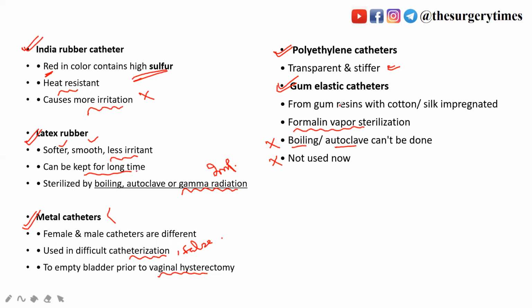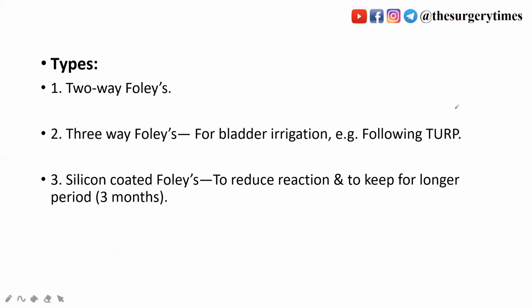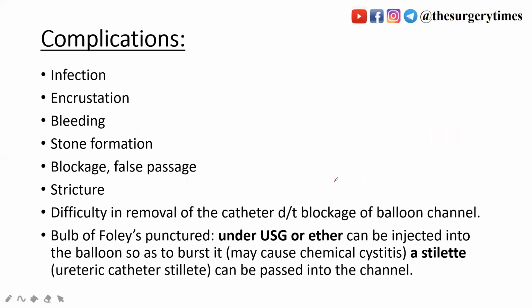The composition is gum resins with cotton or silk impregnation. Next are the types: two-way Foley's catheter or three-way Foley's catheter, which is basically used for bladder irrigation in BPH cases, that is after TURP surgery. Silicone coated Foley's catheters are used long term, for around 3 months. It is very important because it is less reactive and less irritant also. It can be kept for a longer period.